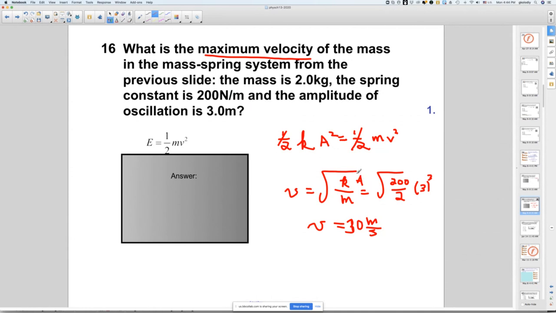The A is out of the square root. When I square it, I get k over m, but A squared. So A is 3, and the square root of 100 is 10, and 10 times 3 gives you 30 meters per second.